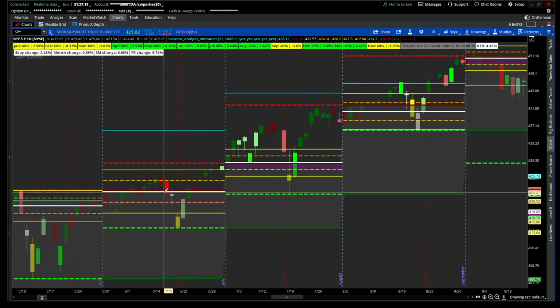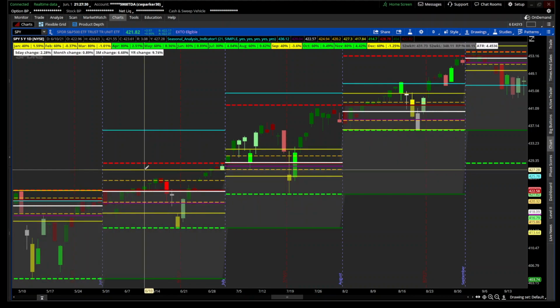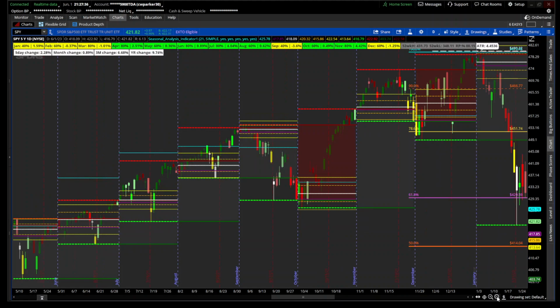And this white line is the open, and this purple line was the month's close. These dashed lines right here was ATR. This is half an ATR, and this bright solid yellow line is one ATR away from the open.